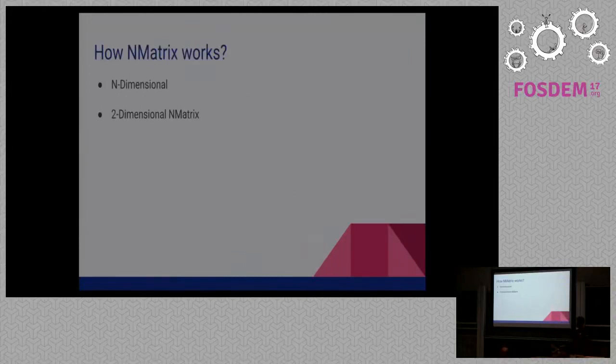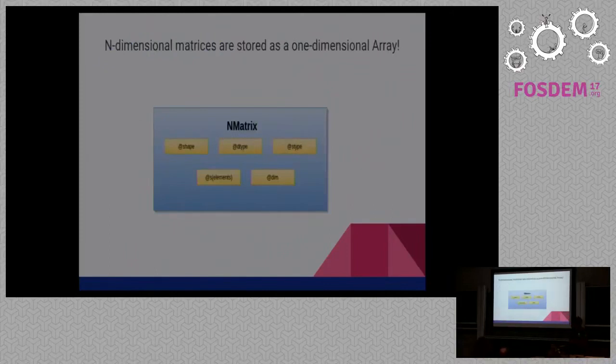So how does NMatrix work? Basically, NMatrix can be categorized into two parts: n-dimensional and two-dimensional. This is how an NMatrix object looks. You have its shape. For example, I created a 3x3 matrix. Its shape is 3,3.